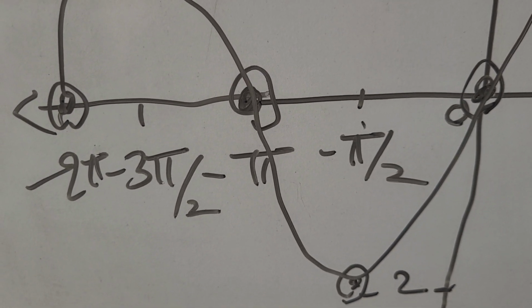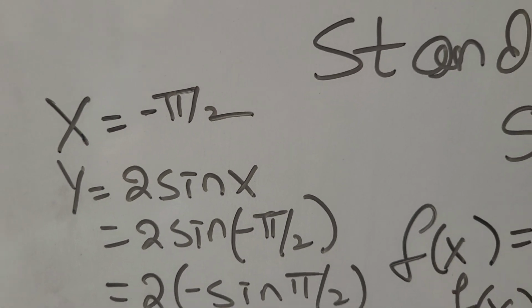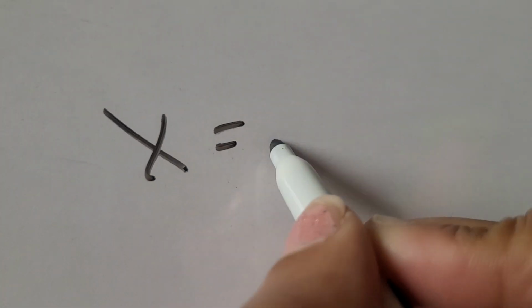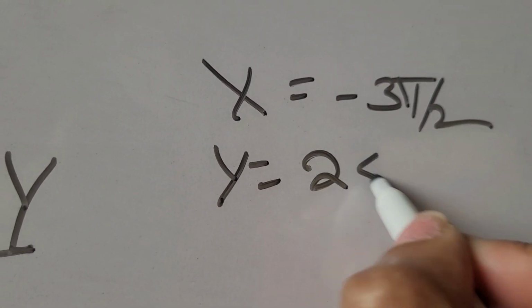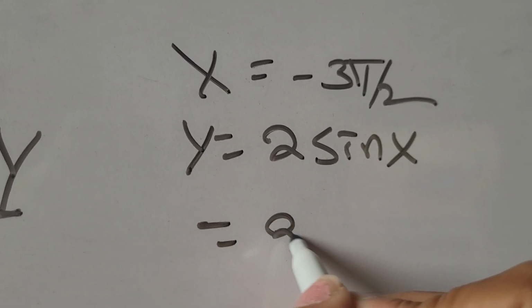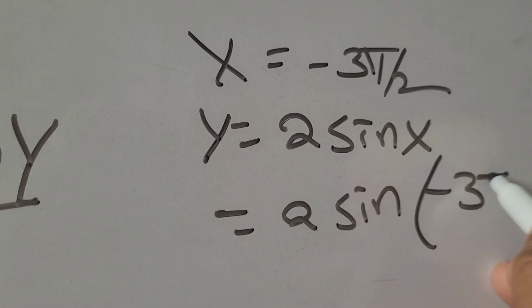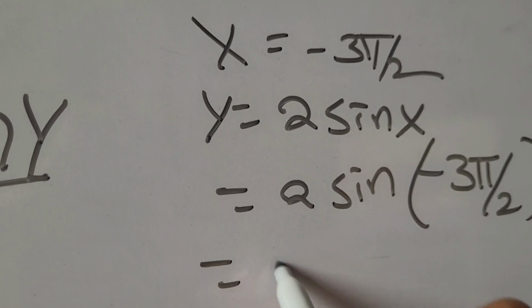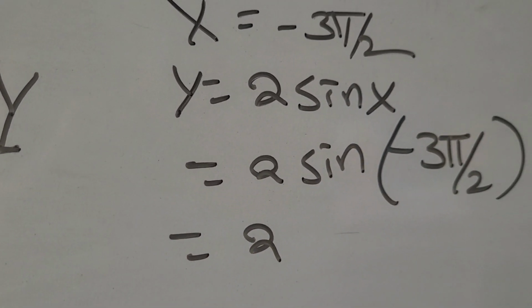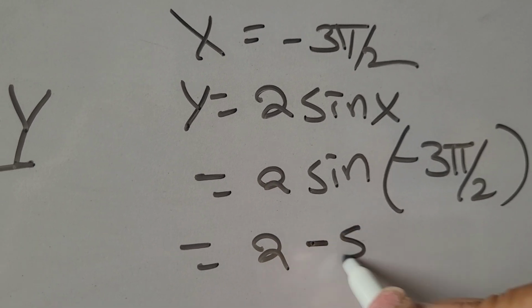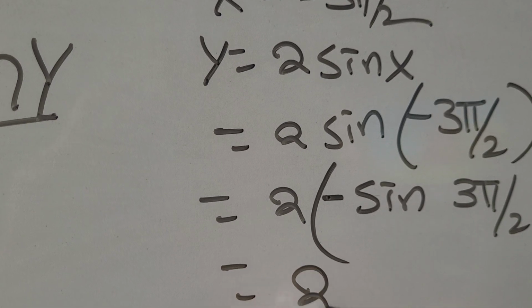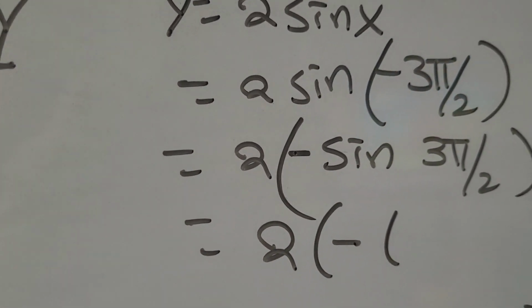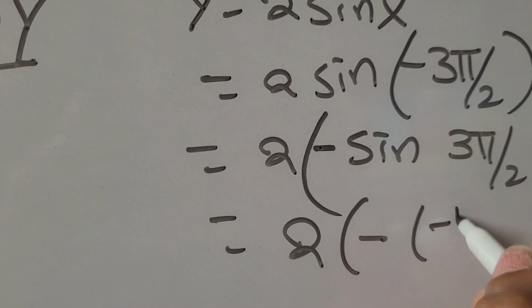Okay. And for x equal to minus 3 pi by 2, let's solve for that. For x equal to minus 3 pi by 2, I have y equal to 2 times sine x, which is 2 times sine of minus 3 pi by 2. And as you all know that sine of minus theta is minus sine theta, so 2 times minus sine 3 pi by 2, and sine 3 pi by 2 is nothing but minus 1.